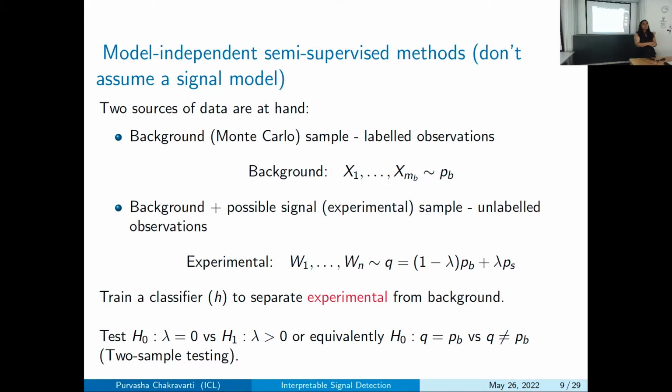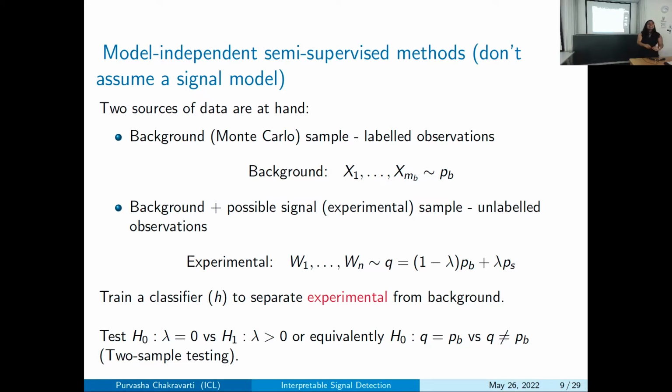I'll come back to this maybe towards the end. This is a very interesting discussion, because if you find something here, you probably have to do a more detailed analysis as to whether it's a problem with your background simulation itself, or whether you actually found something. So this will be like the first step, and then you have to do further analysis.